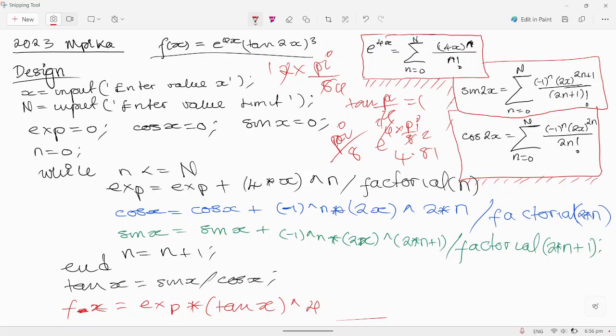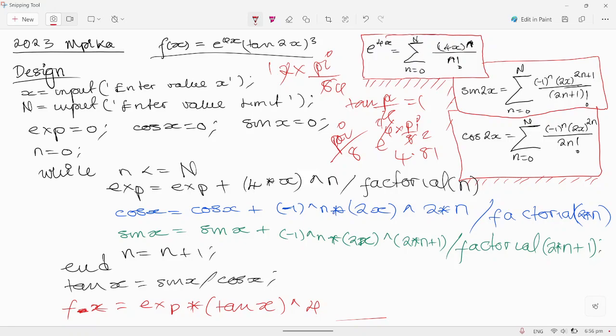So if the user enters pi over 8, we're supposed to get something like 4.81 if you haven't made any mistake in the way you're writing your solution. And for the upper limit, for exponentials, you need to use a high upper limit.